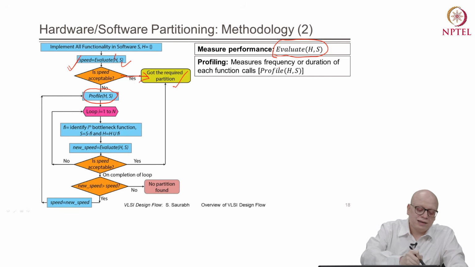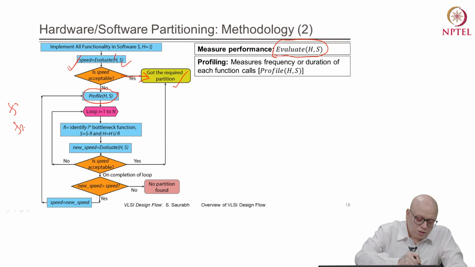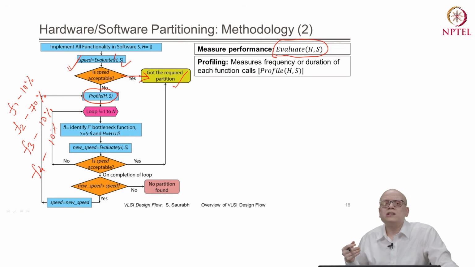For example, say there are 4 functions f1, f2, f3, f4. The profiler will give the information that f1 is taking say 10% of the time, f2 is taking say 70% of the time, f3 is taking 10% of the time, and f4 is also taking 10% of the time.